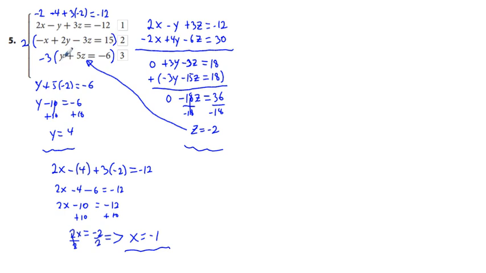And the last one, we have y is 4 plus 5 times negative 2, so it'll be 4 minus 10 equals negative 6, check. So the ordered triple here is the point in the three-dimensional coordinate plane, negative 1, comma 4, comma negative 2.